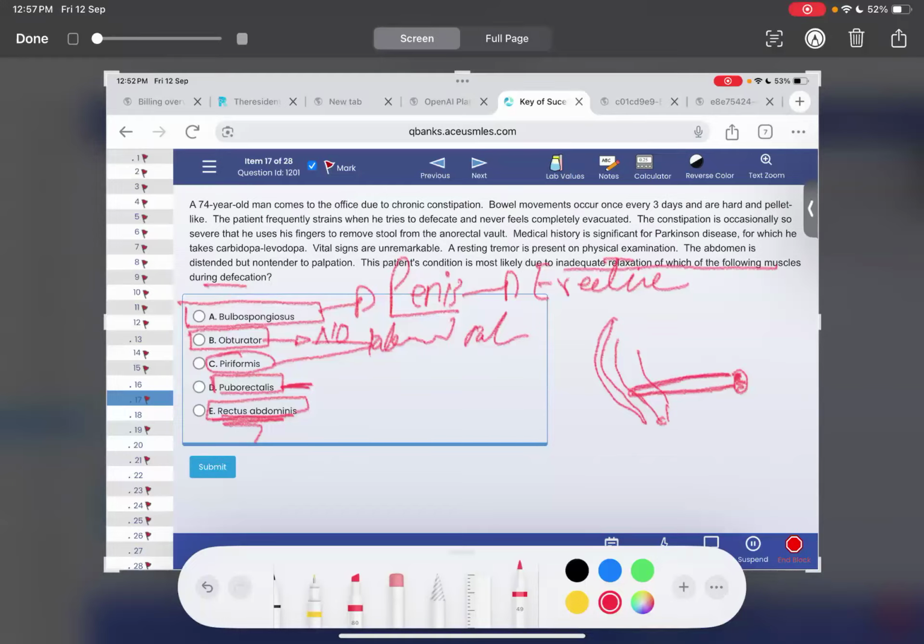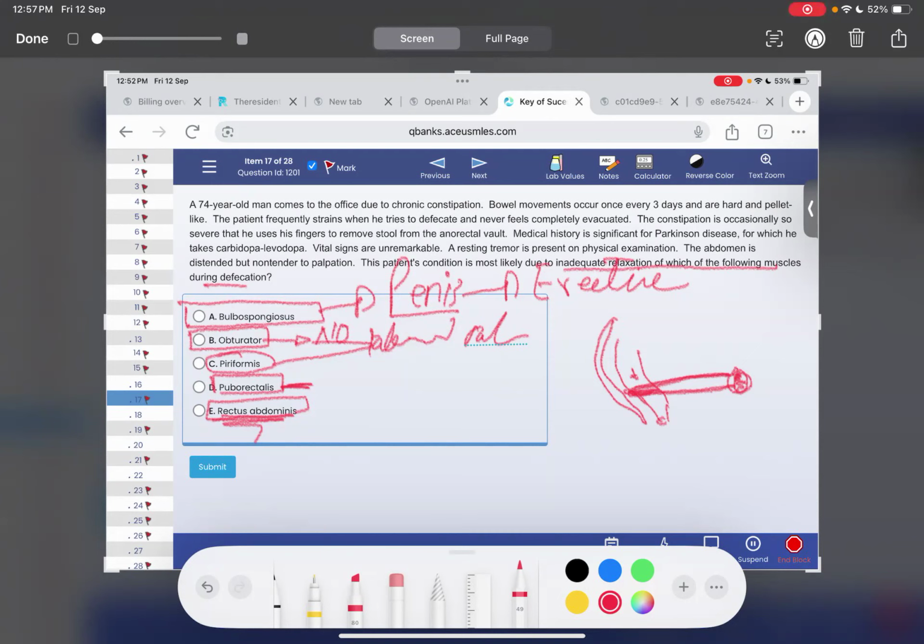Whenever it contracts, it stops defecation. It acts like a sphincter. Have you got the point?